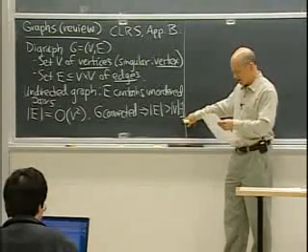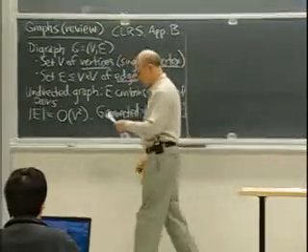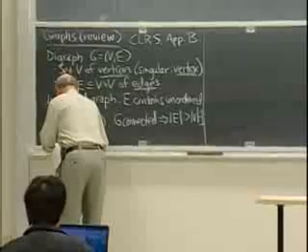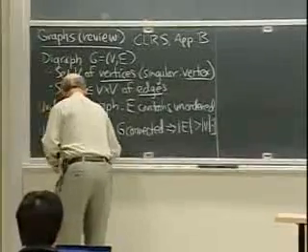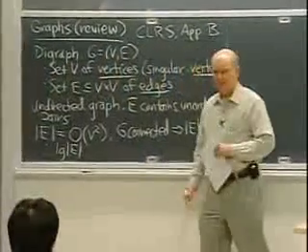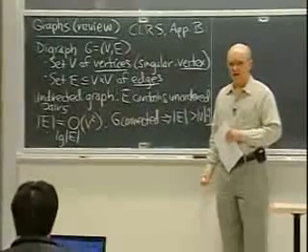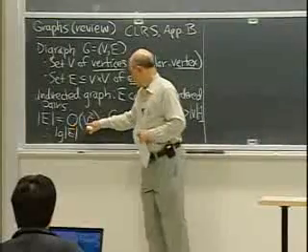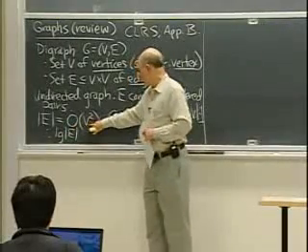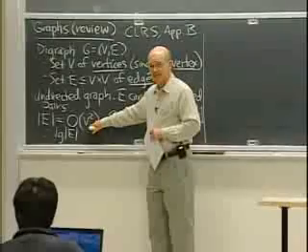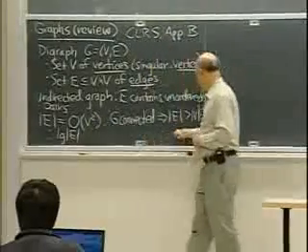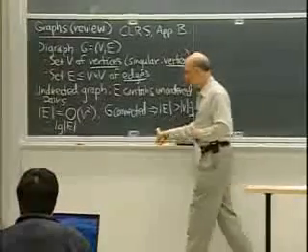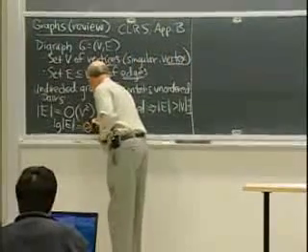One thing I just want to remind you is that in that case, if I look at log E, the log of the number of edges, then by this it is O of log V, and by this it is omega of log V. So it's equal to theta of log V.